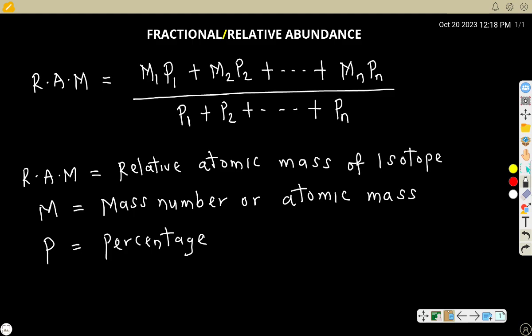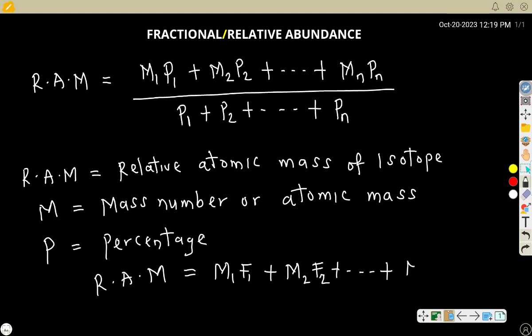Now, this same formula can also be written as relative atomic mass equals M1 F1 plus M2 F2 plus Mn Fn.